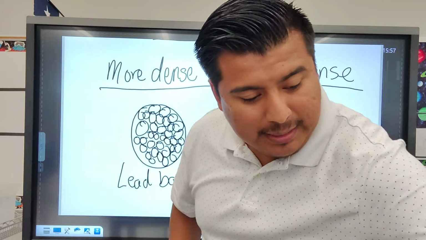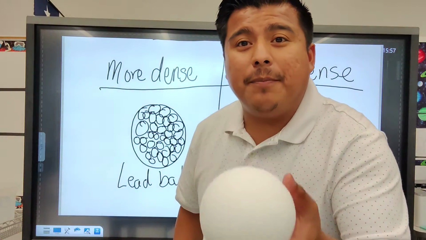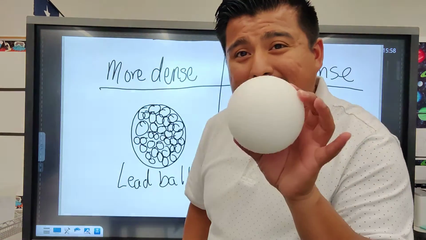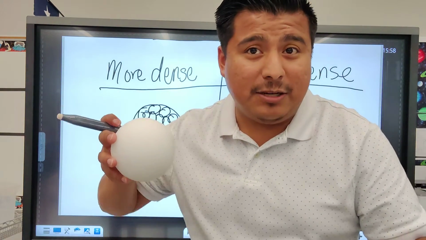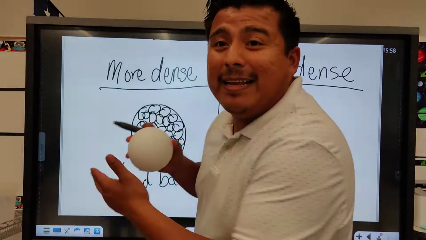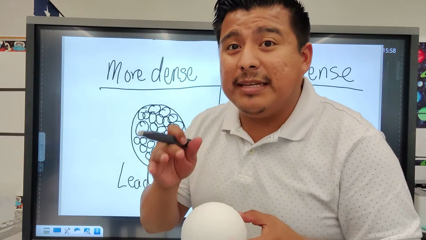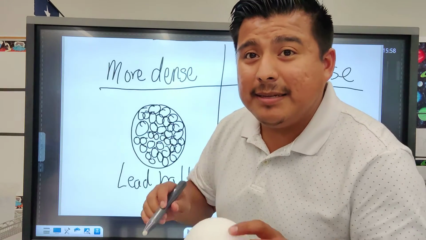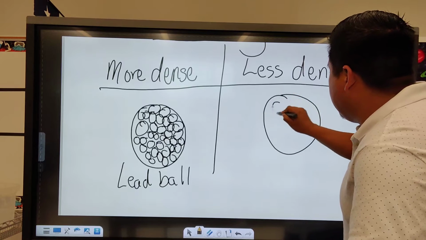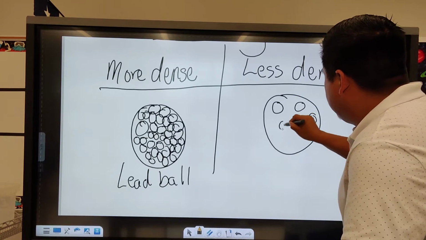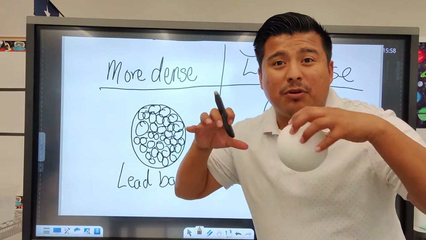Now, on the other hand, we have the styrofoam ball. The styrofoam ball doesn't have a lot of mass, and it has the same volume as the lead ball. The only thing that's changing is the mass, and because the styrofoam ball has less mass, its molecules are a little bit more spread out.